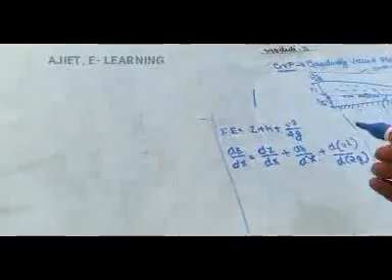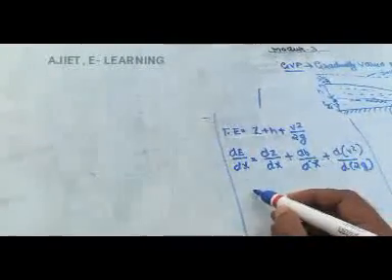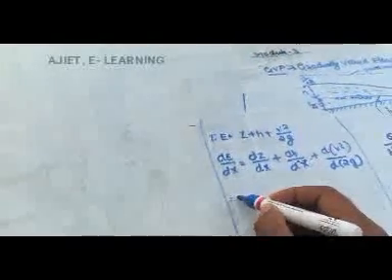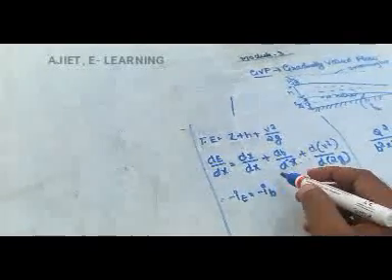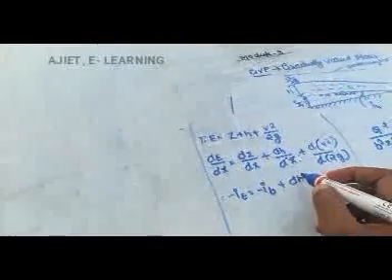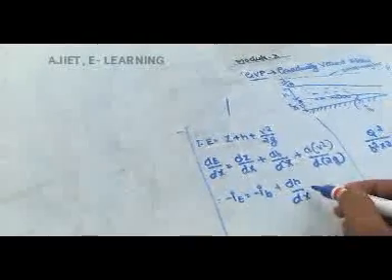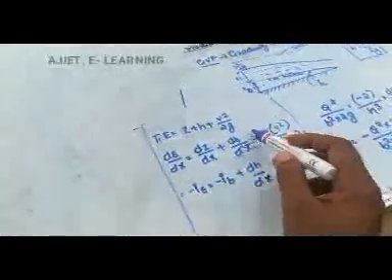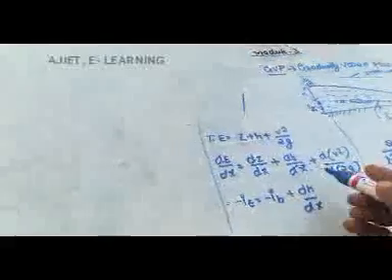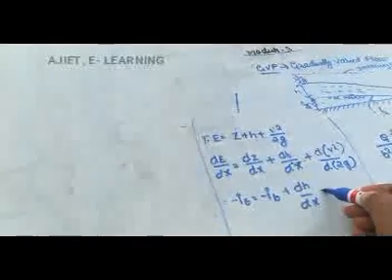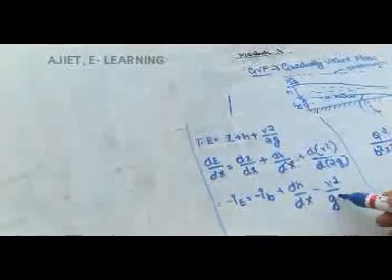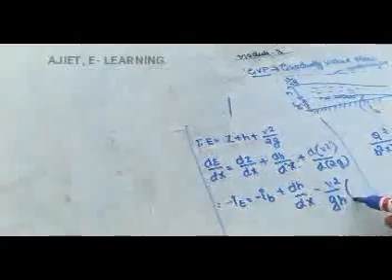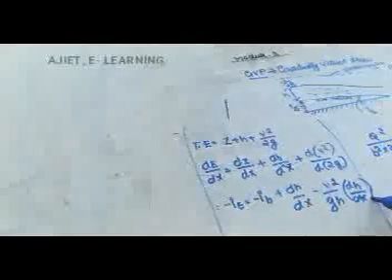So here I am writing this: minus IE is equal to minus dh by dx, and here we know that this value is equal to minus v square by gh into dh by dx.